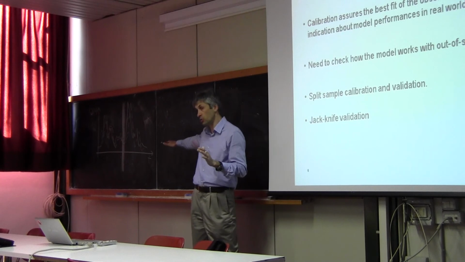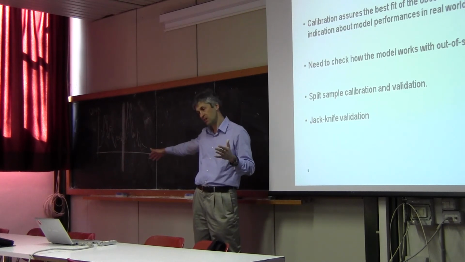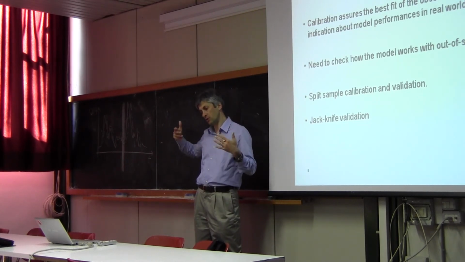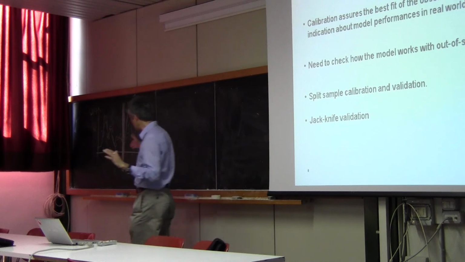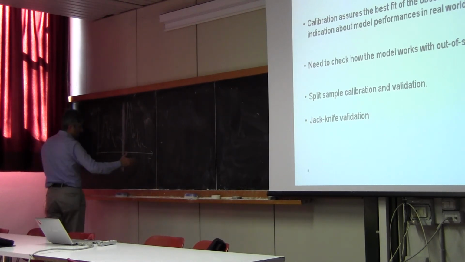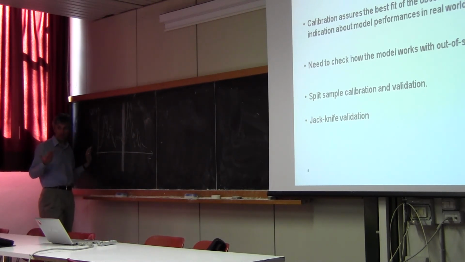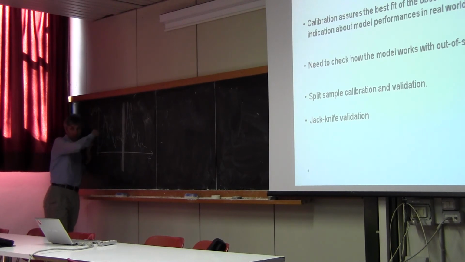If you decide to use the split sample, because it's the type of validation that is easier and also more representative, there is nothing wrong. Just split the sample and make this comparison. But at the end of the story, when you have checked that your model works quite well, then recalibrate the model by using the whole hydrograph.